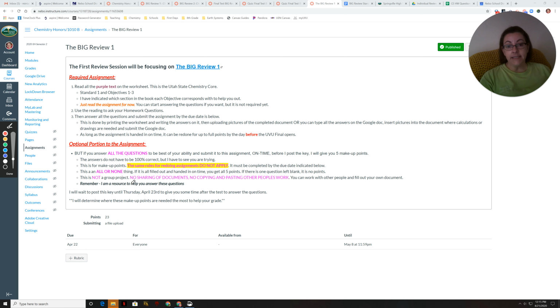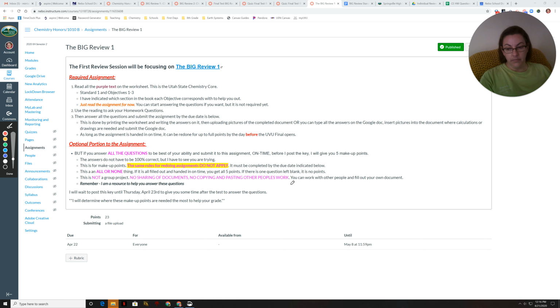Okay, and this is not a group project. Guys, you can work together, but there's no sharing of documents, no copying and pasting of other people's work. Copying and pasting other people's work is cheating. It is in the UVU policy, and also giving someone permission to copy your stuff is cheating.